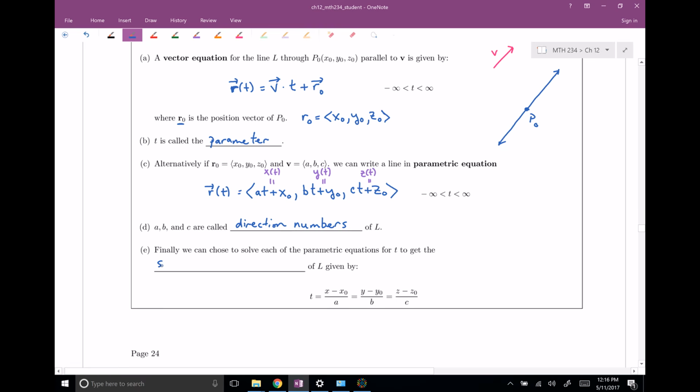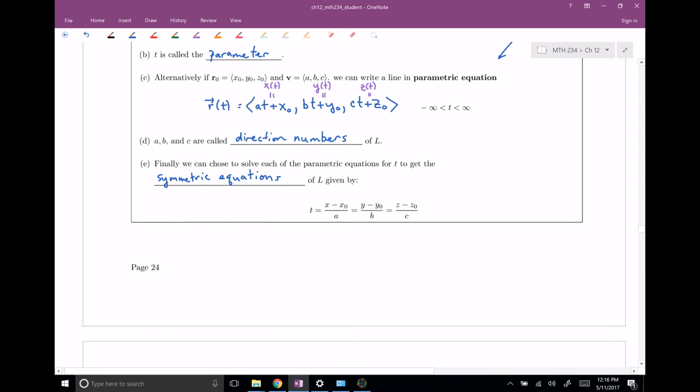These are called symmetric equations. It's kind of a way to get rid of the parameter here. It's another way to look at these things. Okay, that's the terminology. We know about vector equations, we know about parametric equations, and we barely know something about symmetric equations. Again, I don't really plan on bringing that one up so much.